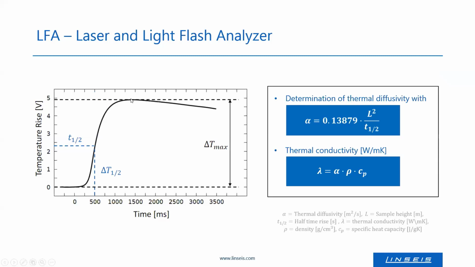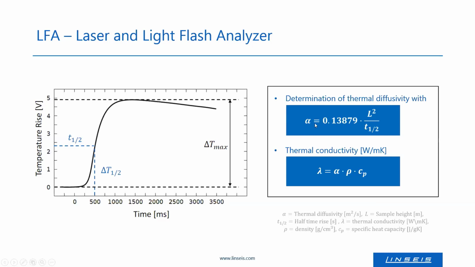This goes through a maximum. Dividing the maximum by 2 gives the so-called half height, and the time needed to come to half height is used to calculate thermal diffusivity. This is this formula: a constant value multiplied with the thickness of the sample squared, divided by this half time.